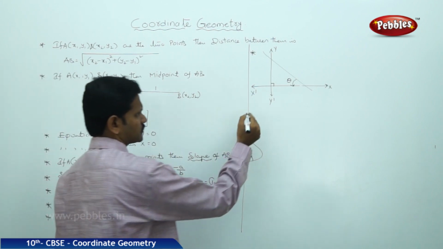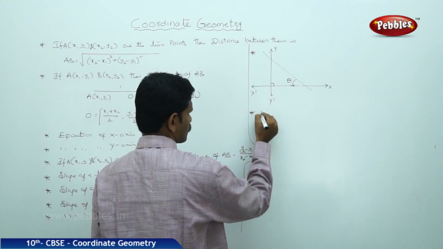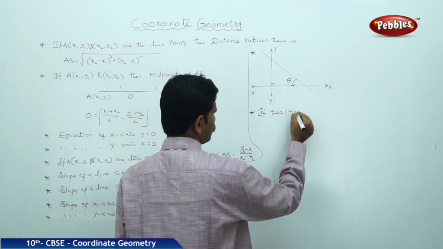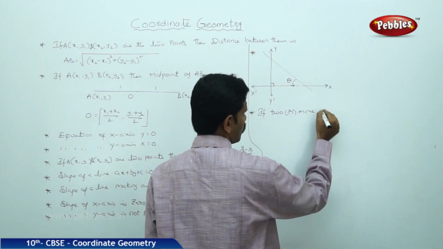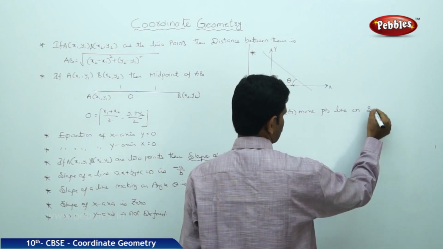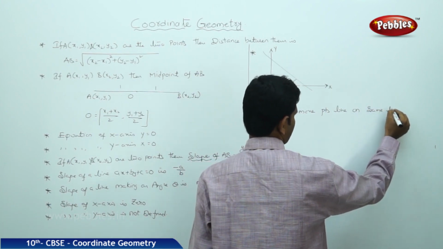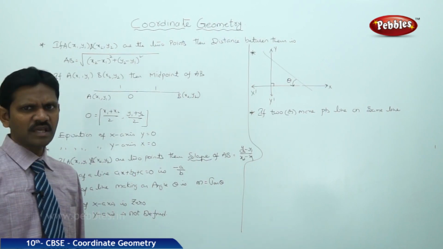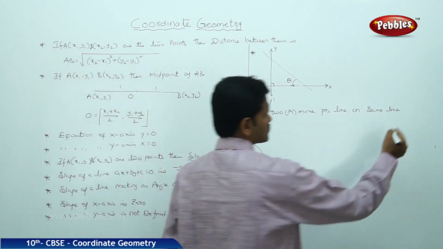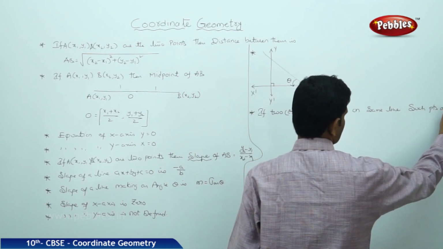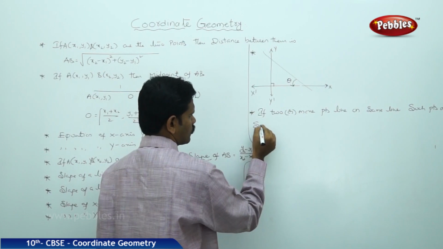Next key point: if two or more points lie on the same line, such points are said to be collinear.